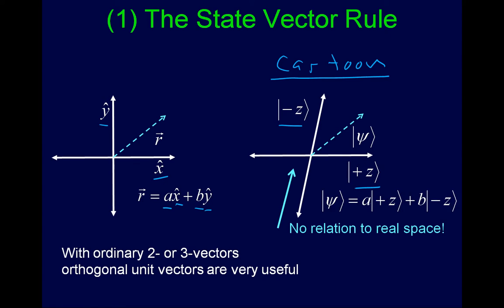And so we'll find that you can write any state vector regarding an object's spin, its projection of its spin, in terms of these two eigenvectors, where just like in the other case, you'd have a and b being the components. So your component in the positive z and your component in the negative z. Now again, there is no relation to real space here, so you've got to be careful with this analogy, but at least for me, I think it's helpful to think about it this way sometimes.